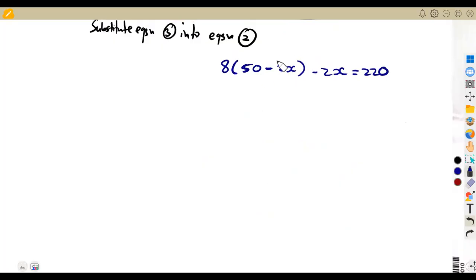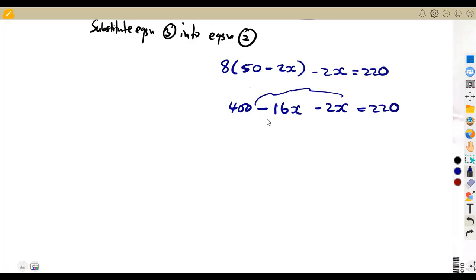It's a linear equation, so we can just expand the brackets. 8 times 50 gives us 400. 8 times negative 2x is negative 16x, minus 2x, is equal to 220.